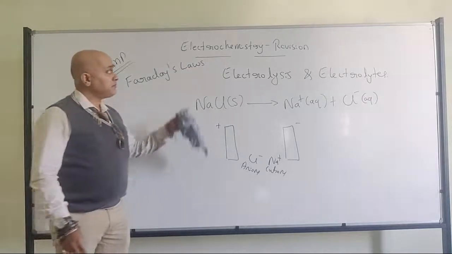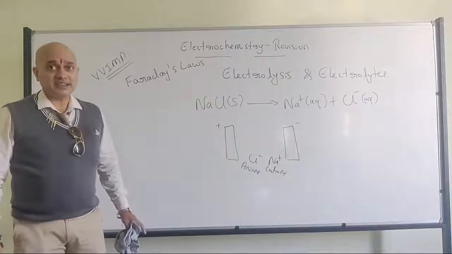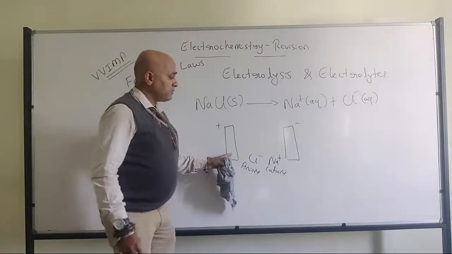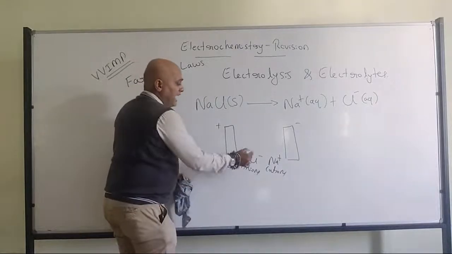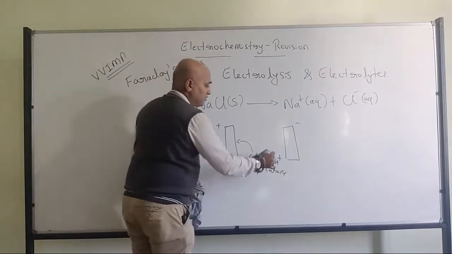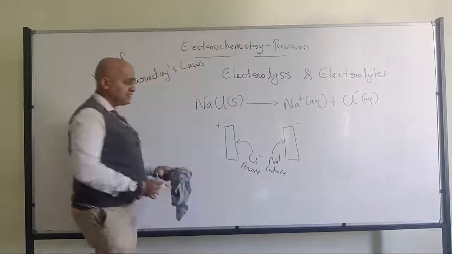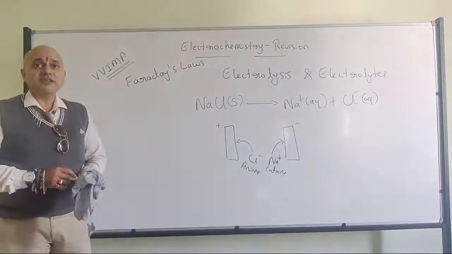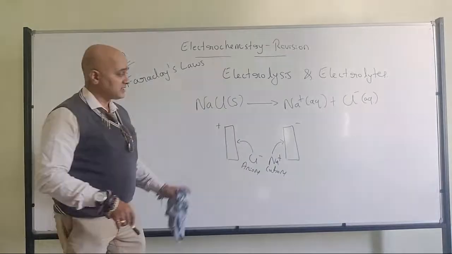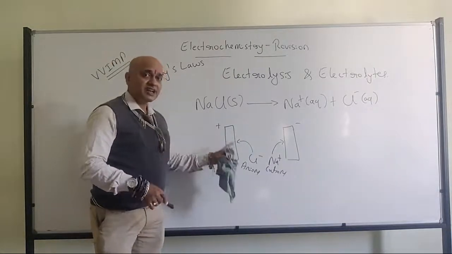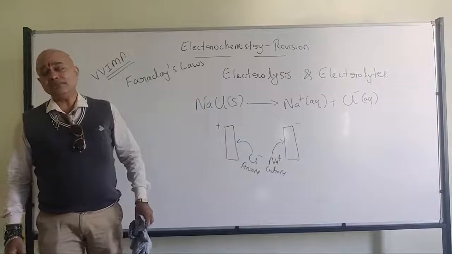But now in the electrolytic cell anode will be positive and cathode negative. Therefore, anions will move towards the anode and cations towards the cathode, because the cathode is negatively charged and cations are positively charged, while the anode is positively charged and anions are negatively charged.